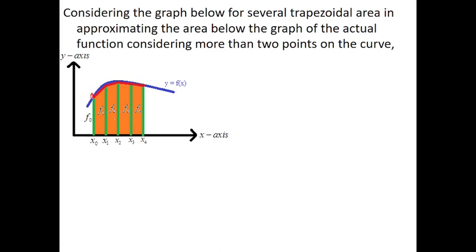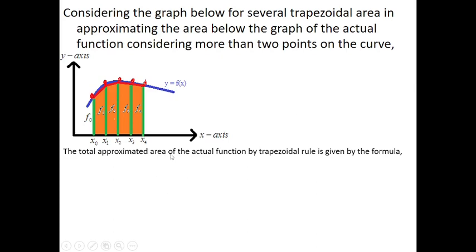We have the first point, x sub 0, f sub 0, second point, x sub 1, f sub 1, x sub 2, f sub 2, x sub 3, f sub 3, x sub 4, f sub 4. So in this example, we have 5 points. And in this case, the total approximated area of the actual function by trapezoidal rule is given by the formula.